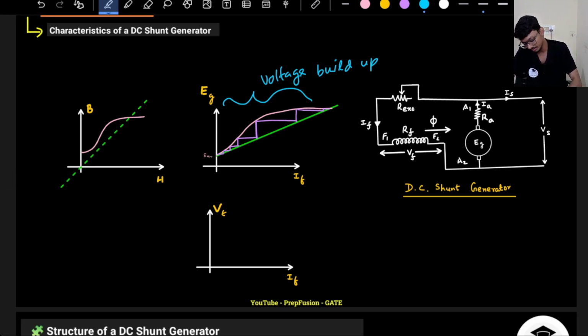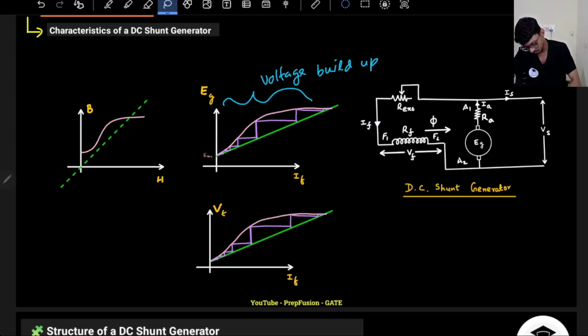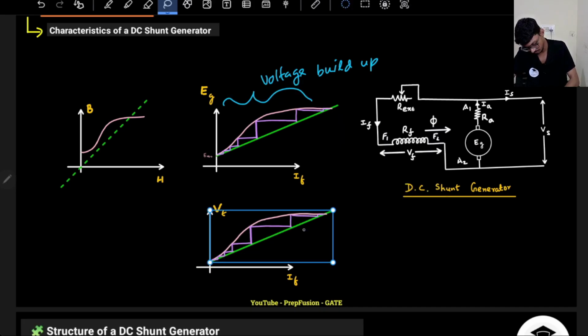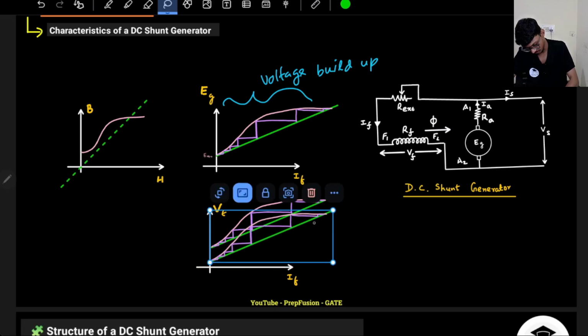Vt will be just the extra additional IaRa drop. All this we have discussed using the armature reaction drop as well. Vt will just be shifted downwards. If my graph is here upwards, it will just be shifted downwards.